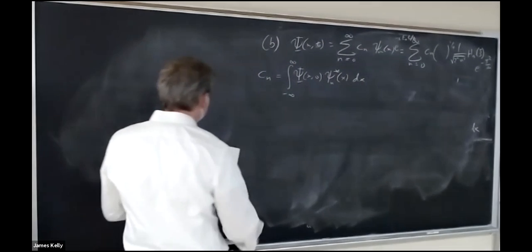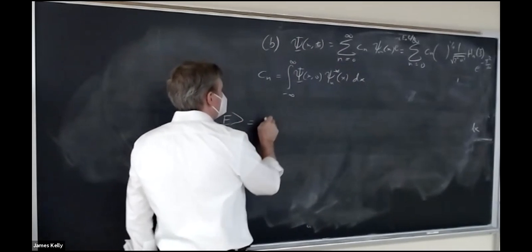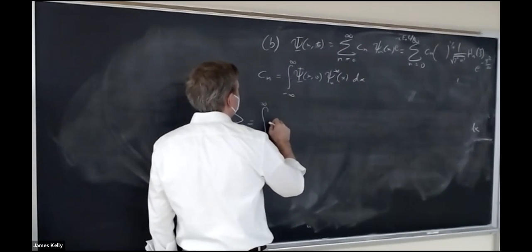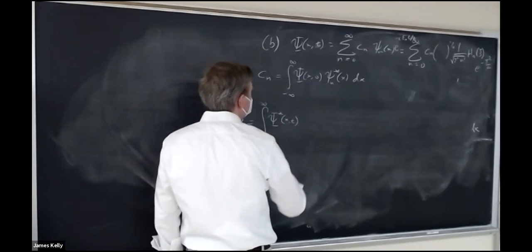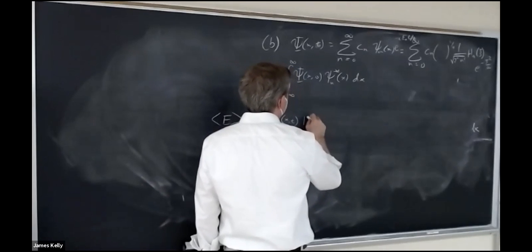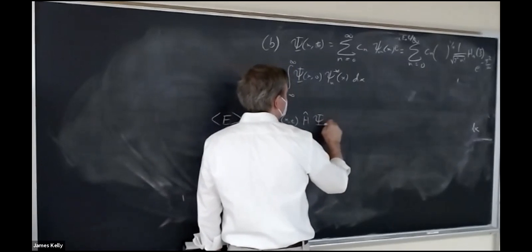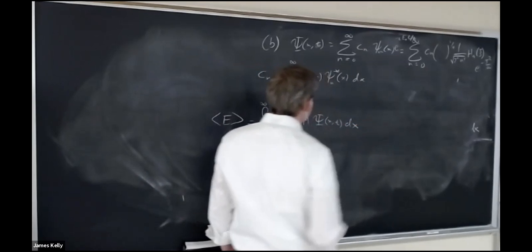The expectation value of energy, we could either go back to square one and say, well, that's the integral from minus infinity to infinity of psi star of x and t times H hat for the harmonic oscillator times psi of x and t, integrate with respect to x.